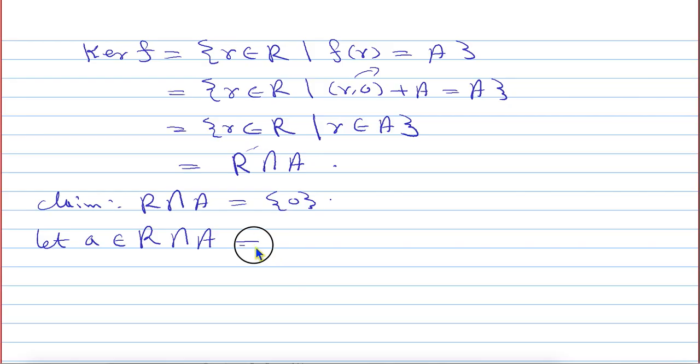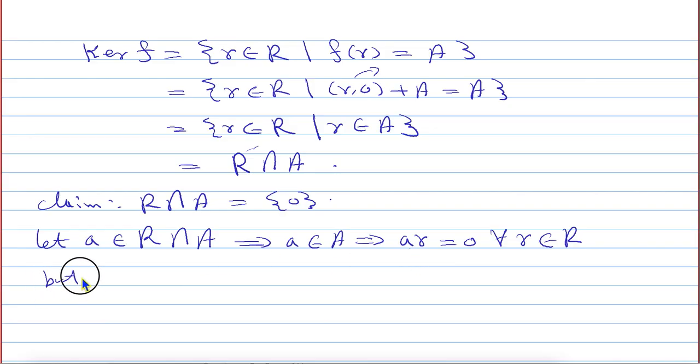Then since this element of course is in A, this implies that ar equals 0 for all little r in R, because A is an annihilator, so it annihilates all the elements of R. But R is with no zero divisors.